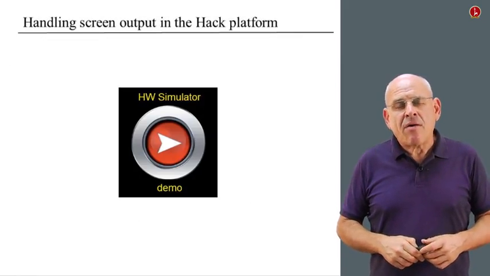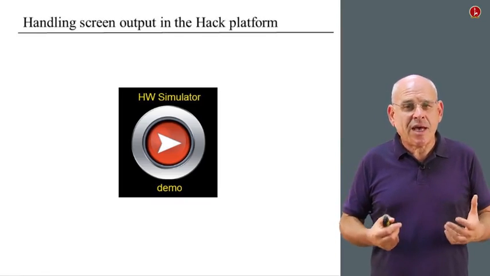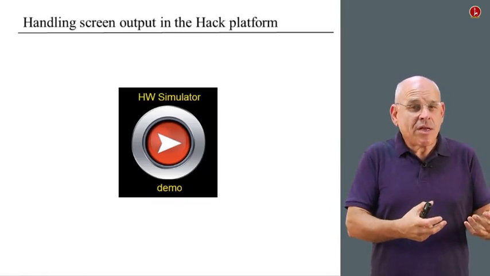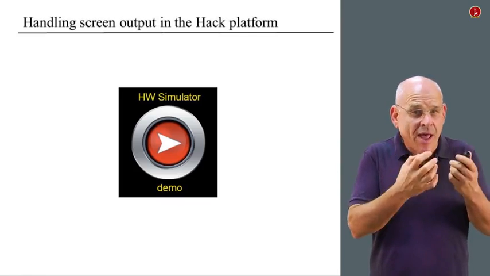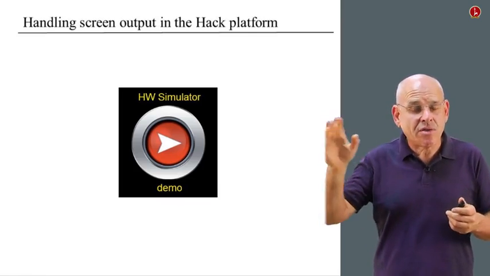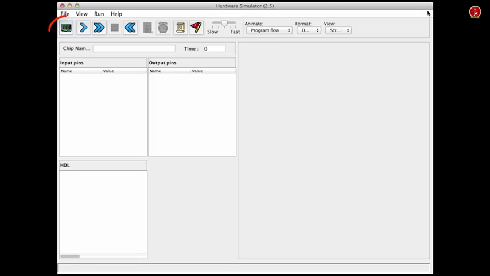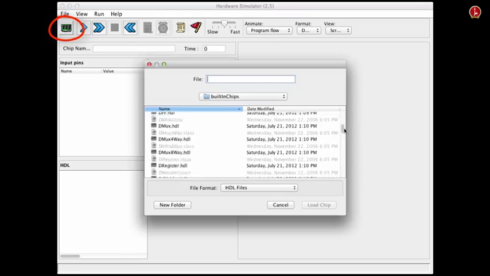Okay, now I also want to give you an example of how this thing actually works inside our hardware simulator. So I'd like to load the screen chip into the hardware simulator, manipulate it, and you can see with your own eyes how it's going to actually change the screen and manipulate the pixels. So let us load the built-in screen chip.